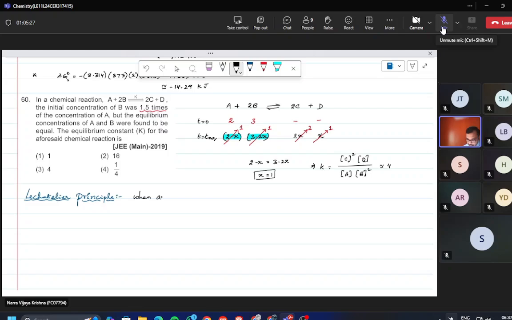When an equilibrium is disturbed, it adjusts in such a way to nullify the disturbance made.